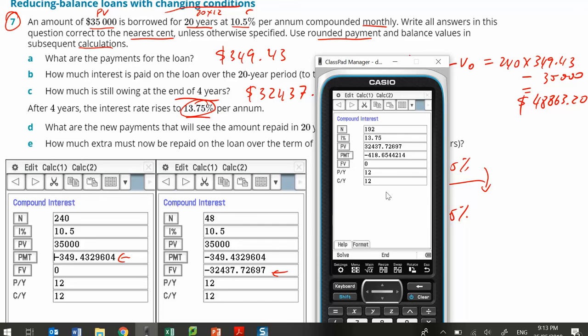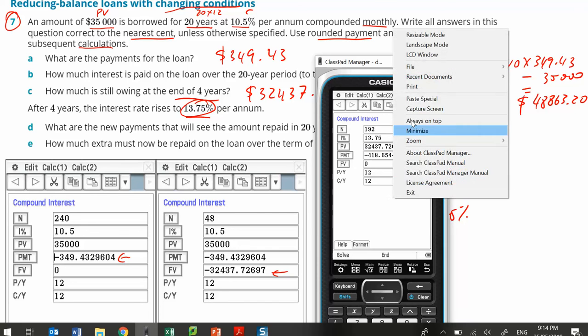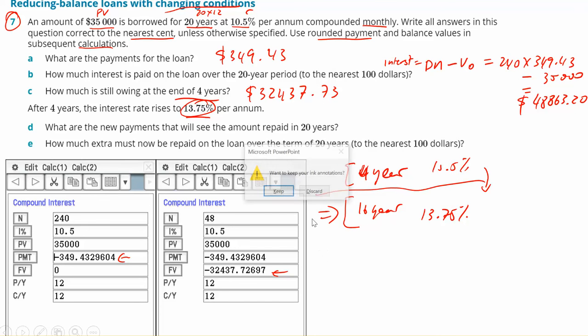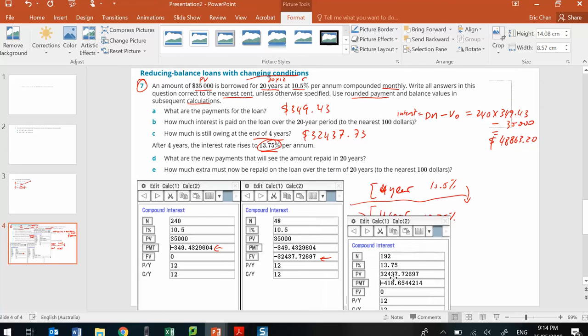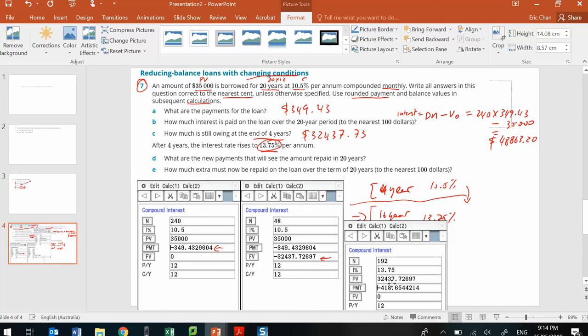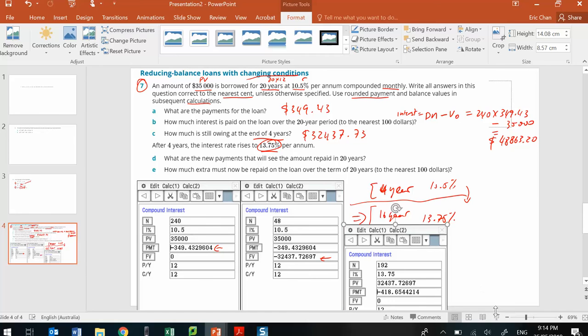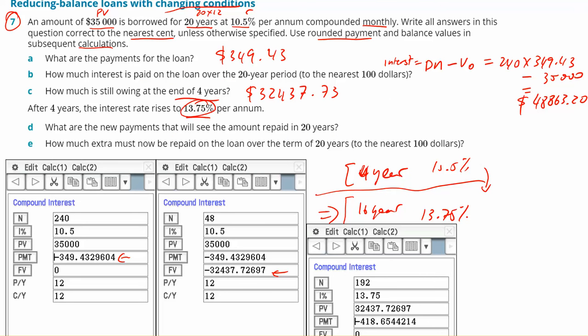So the new payment is 418.65. I'm going to capture the screen. So the new payments are 418.65.